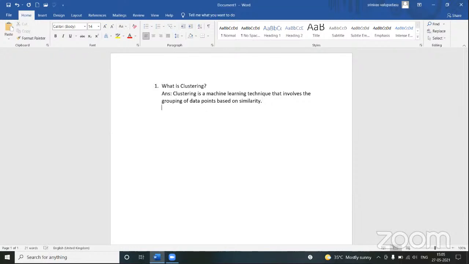So next question. What is the advantage of K-means clustering?